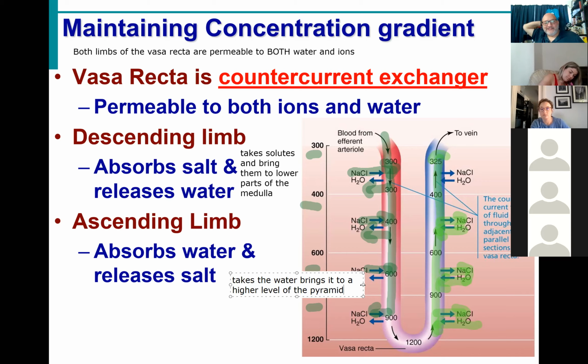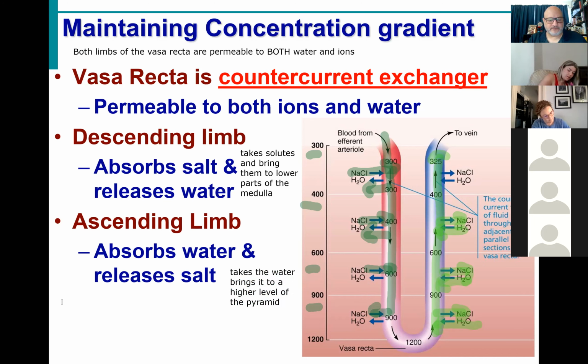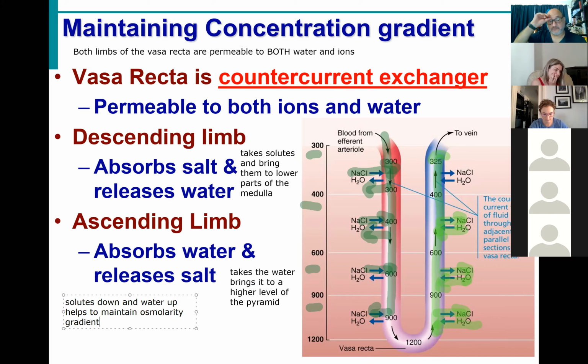So working together, notice solutes are brought down, and water up. And this is going to help to maintain that osmolarity gradient, where there's more solutes at the bottom, less solutes and more water at the top.